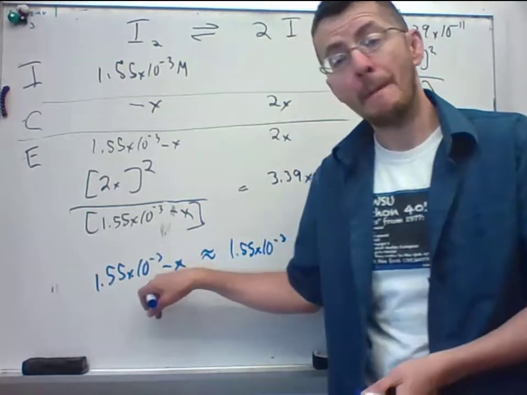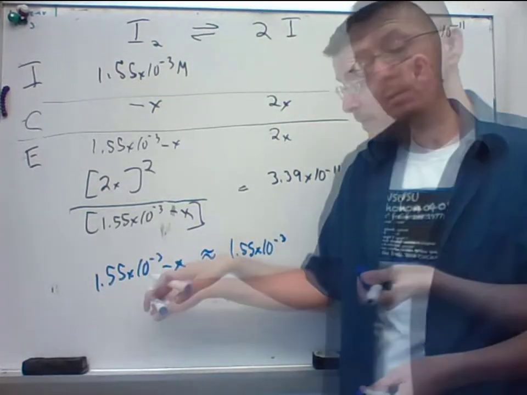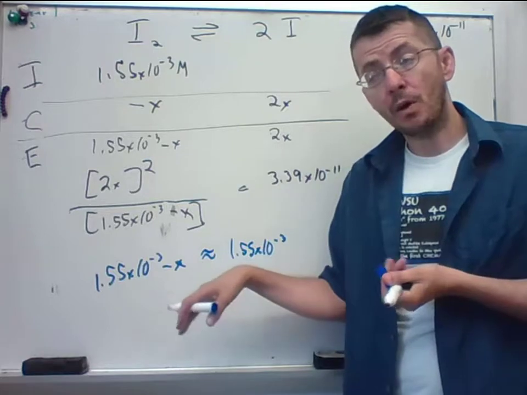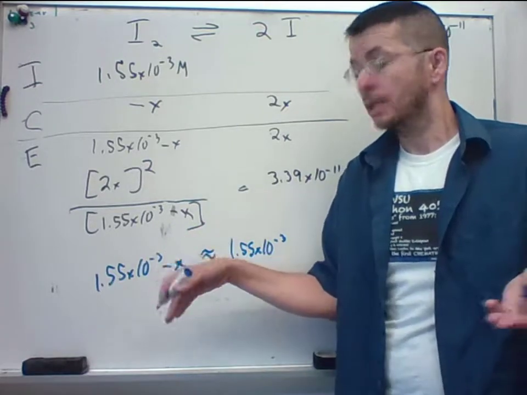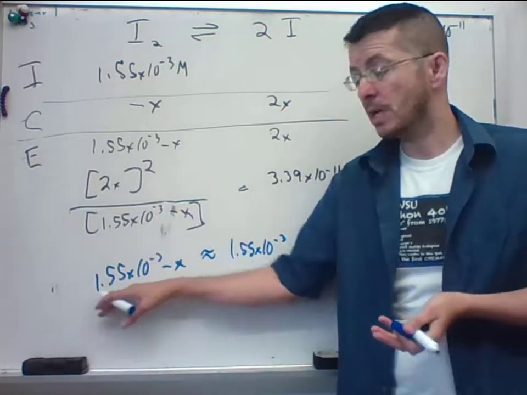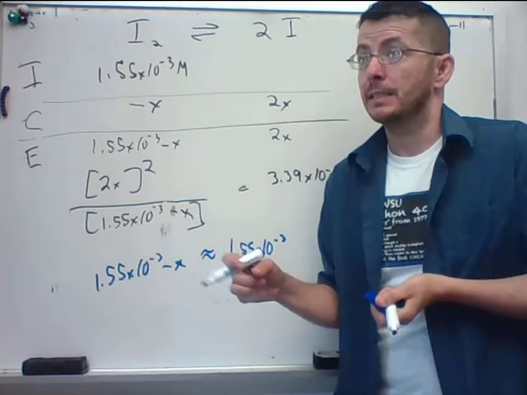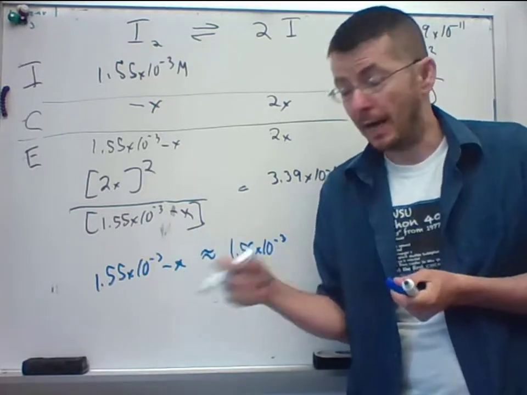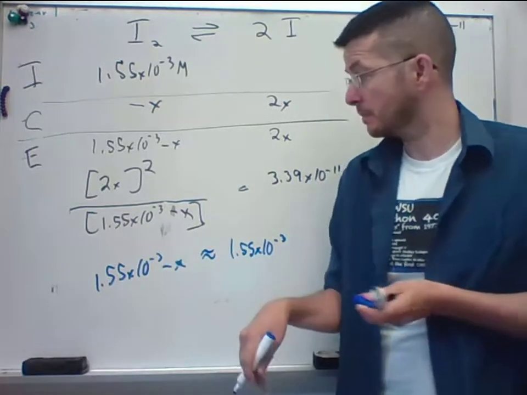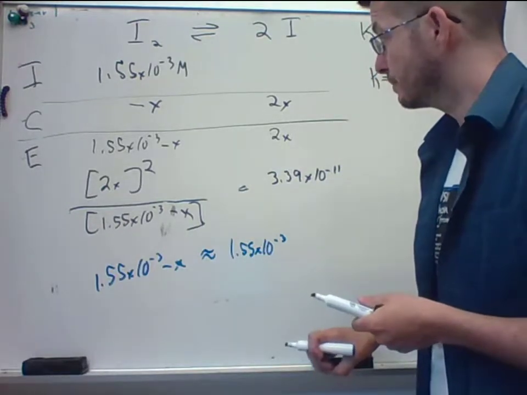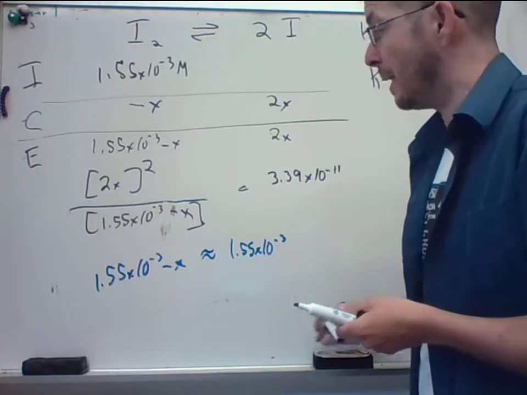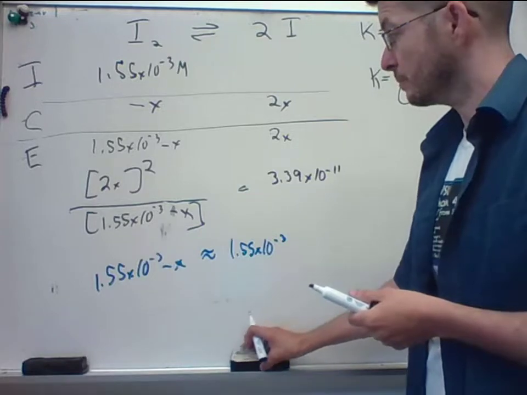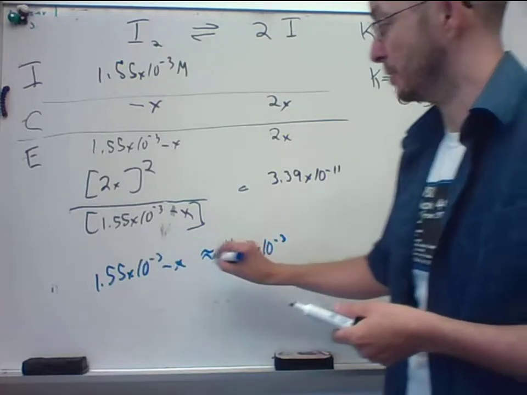If this number is vanishingly small, we just can ignore it. This number will be non-affected by this small x. So let's make this assumption.